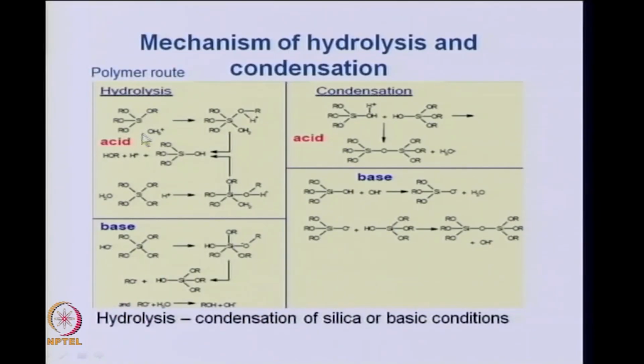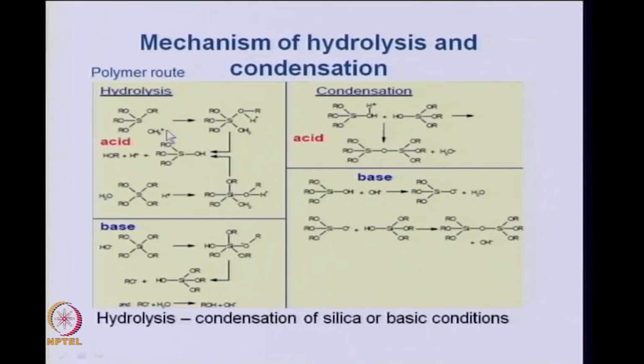Again, to tell you the mechanism of hydrolysis and condensation in the polymeric route, you have the hydrolysis process. If it is acid hydrolyzed, then in the presence of water, the proton will first protonate this oxygen, and then it removes this alcohol ROH group, and you get this silanol group introduced.